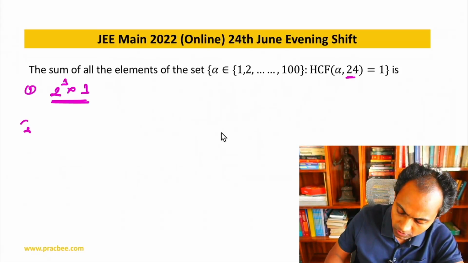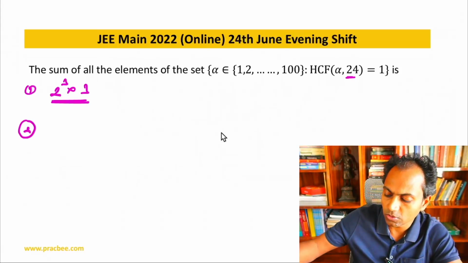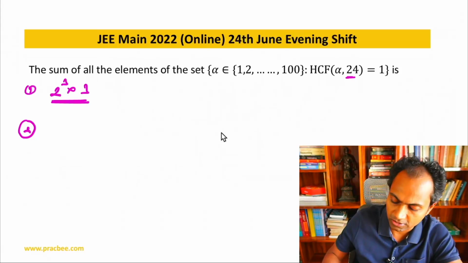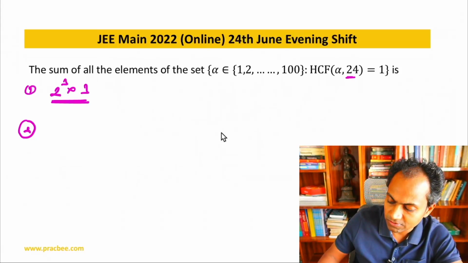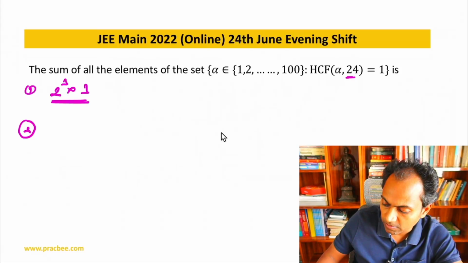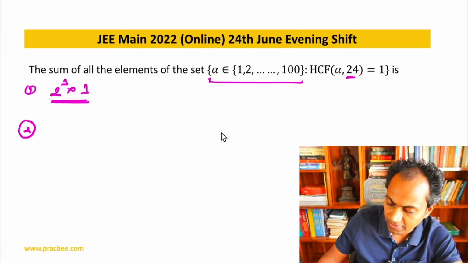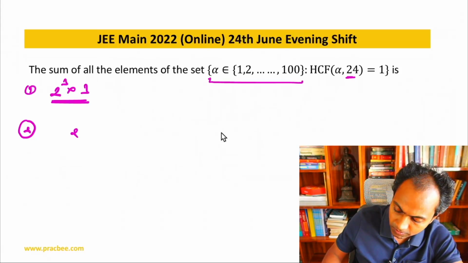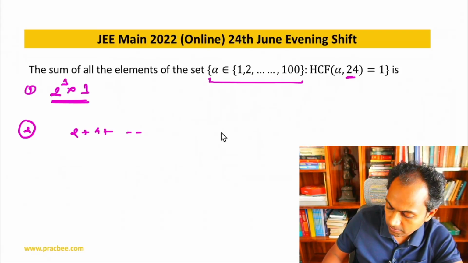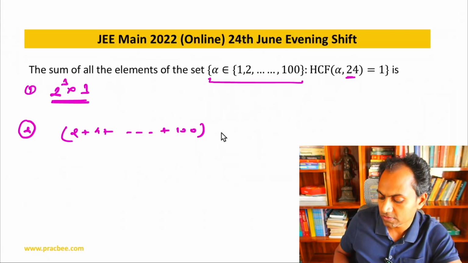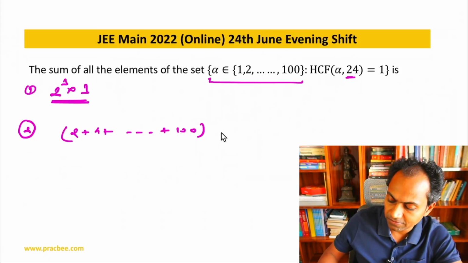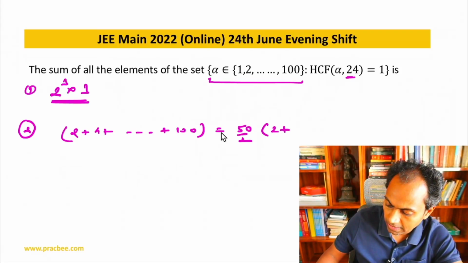So as a result, what I can do is either I could count all the numbers or I can do it by rejection. Wherein, let us first understand what is the sum of the numbers which will have a factor of 2. So it could be nothing but 2, 4, and until 100 I can write all such numbers. So this will be the sum of all those numbers. If you want to write, there are 50 terms here, so answer will become 50 by 2 into (a plus l).